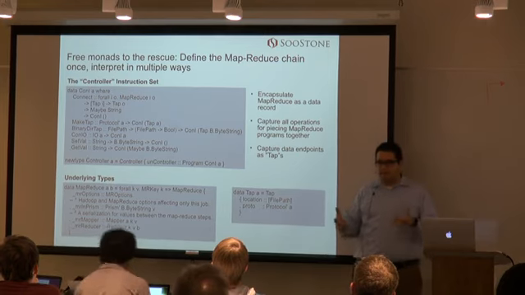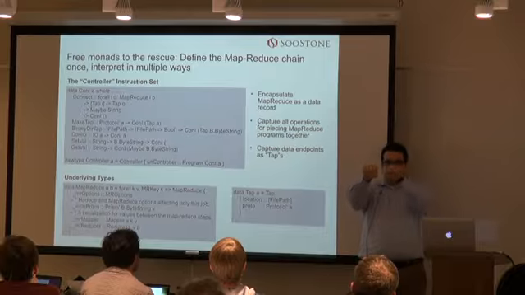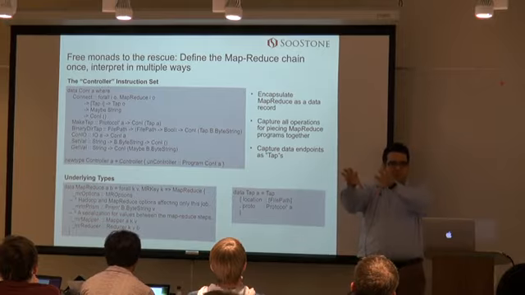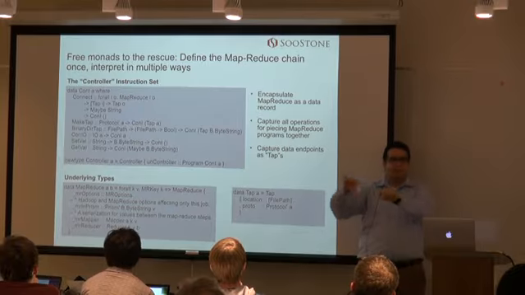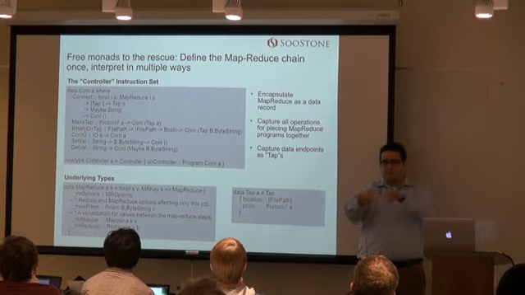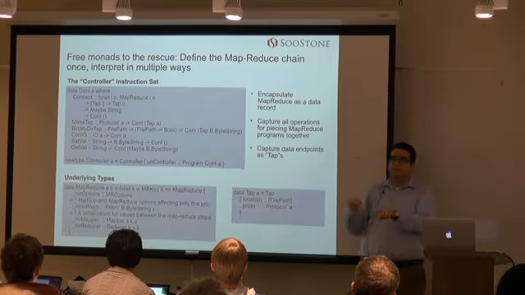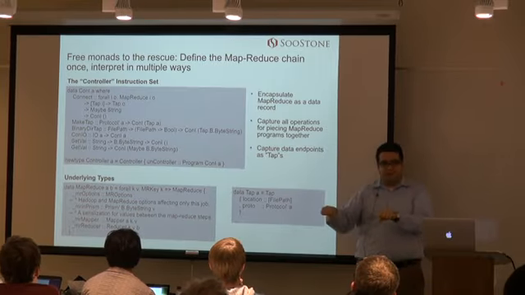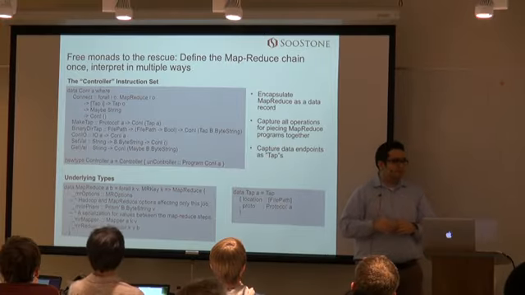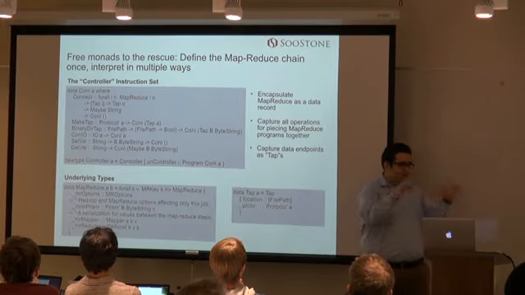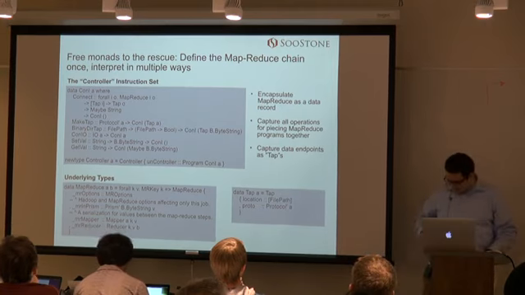It would be nice if you could take the first MapReduce program, connect its input, connect its output, have it run, and then have another MapReduce program connect its own input and output, and maybe even have a third one that takes the output from the first one and the output from the second one, and then generates its own output. And you would like to be able to run all this as a sequence of events, as a self-contained pipeline of MapReduce programs.